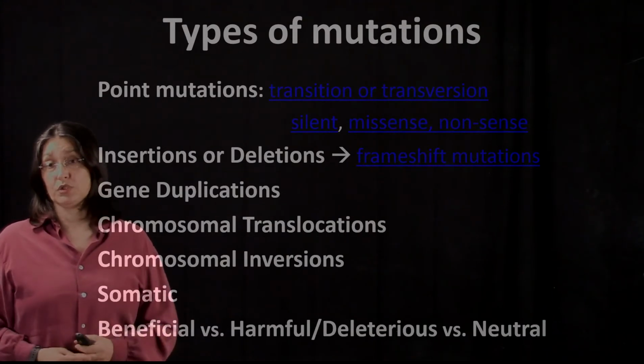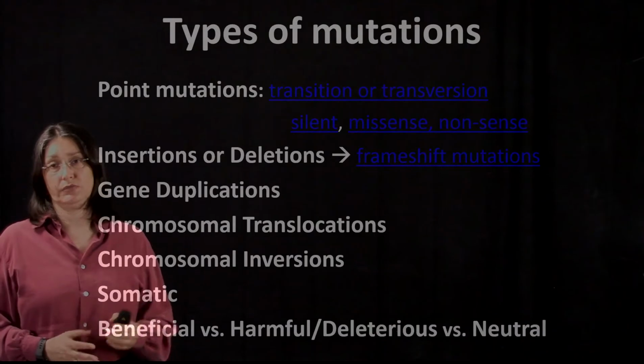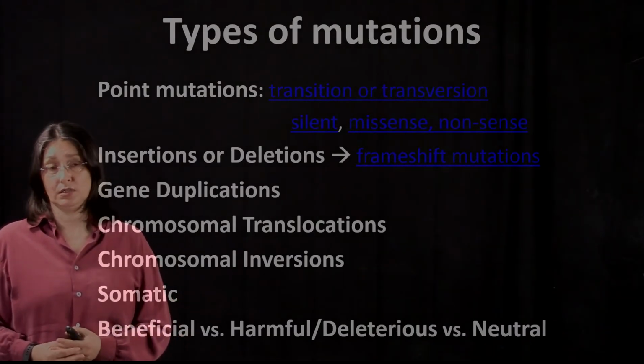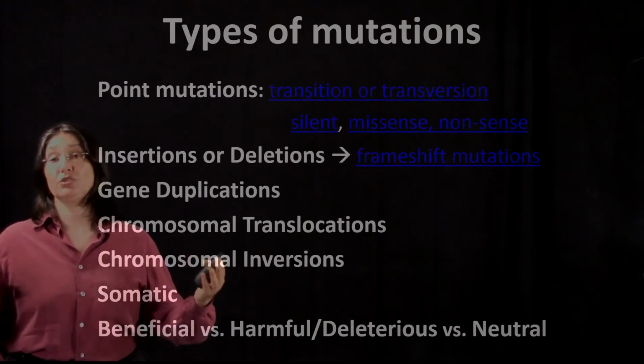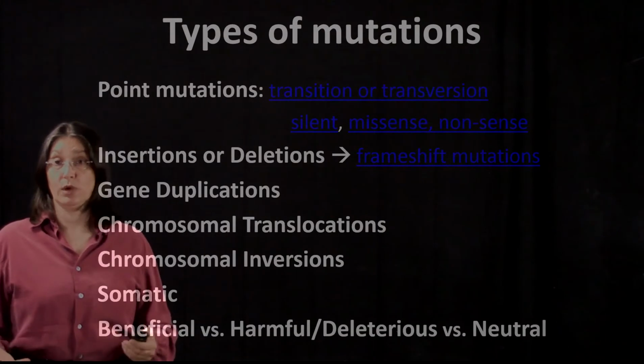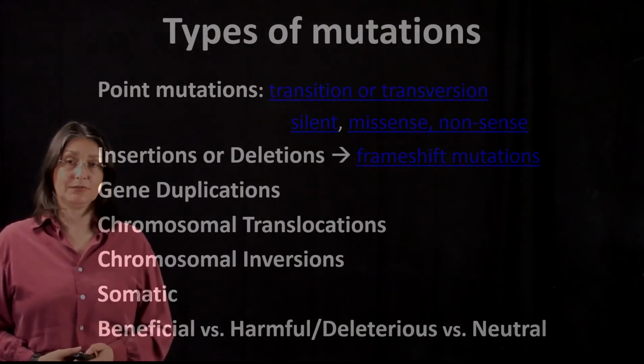But most of the time mutations are simply neutral, so they give neither an advantage nor a disadvantage. All of us are mutants, and all of us carry almost 200 different mutations that can affect us in a harmful way or in a beneficial way, hopefully, or they're not detrimental enough to kill us.